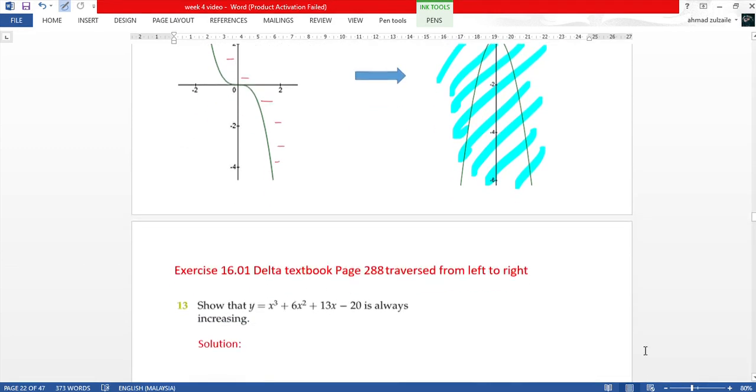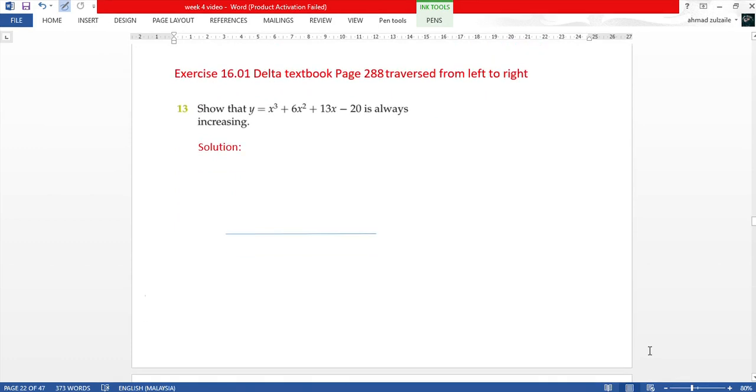Okay, so let's go straight to the example. This is from Delta 16.01 number 13. Why not start from number 1? Number 1 discusses the turning point. The turning point is actually in the next subtopic. So that's why I start with number 13.